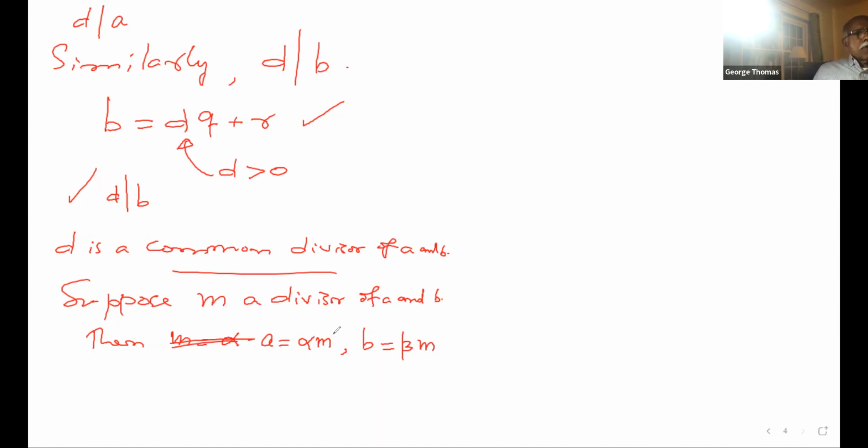Is this true? If M is a common divisor of A and B, M times something is A. Alpha and beta are some numbers.